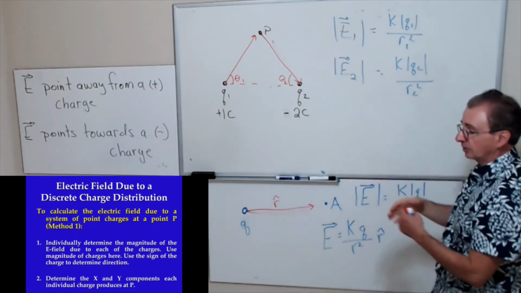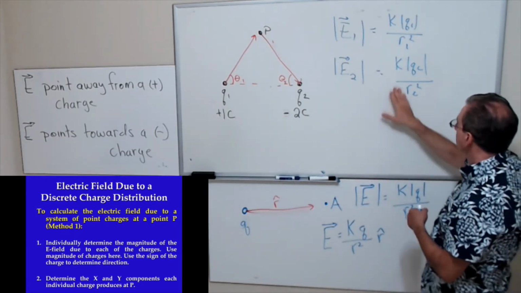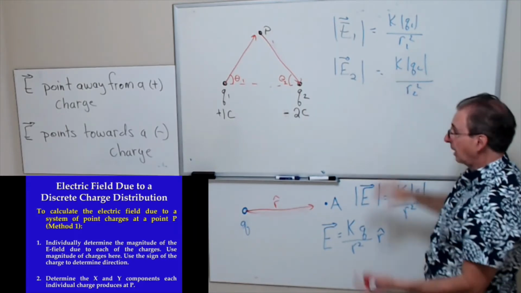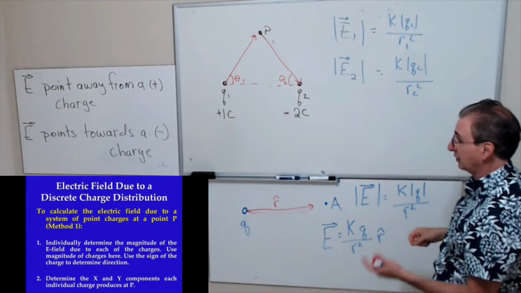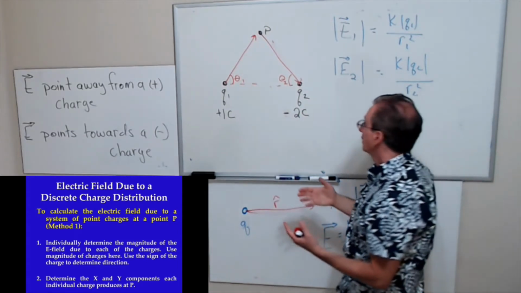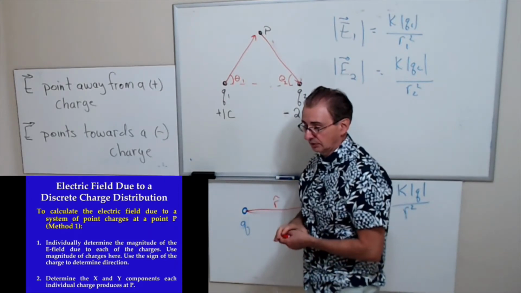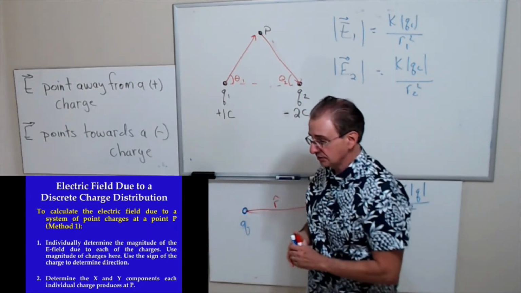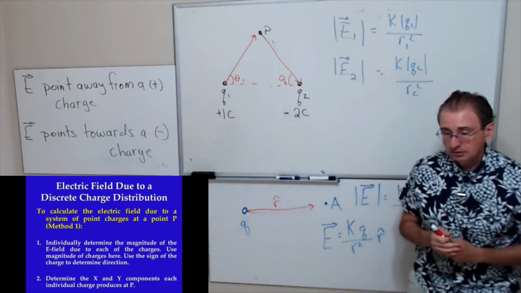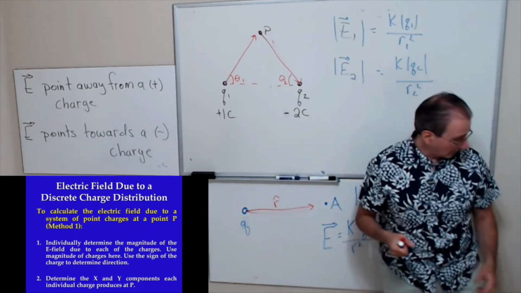That'll give me the x component of the electric field. Then take this again, multiply by the negative sine of theta 2, because the y component is negative, and it'll give me the y component of E2. Then I add all the x components, then I add all the y components, and then I have the magnitude of the electric field.